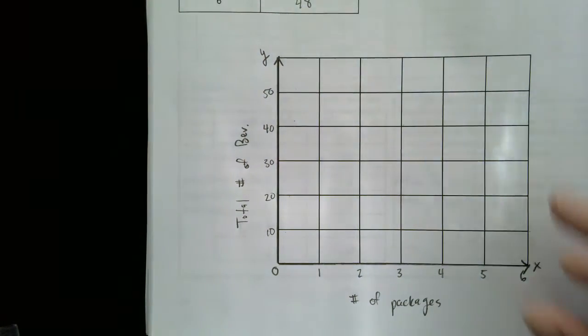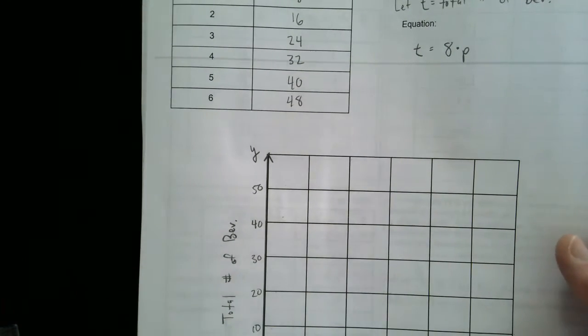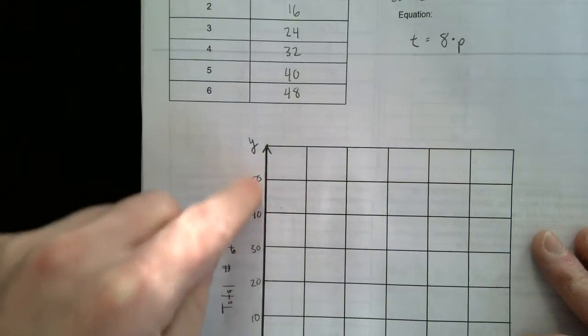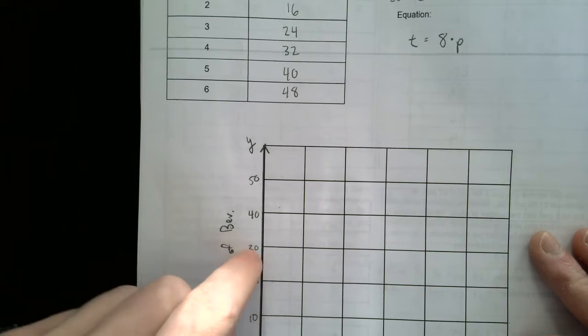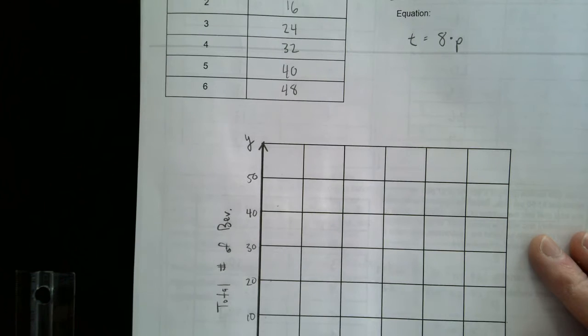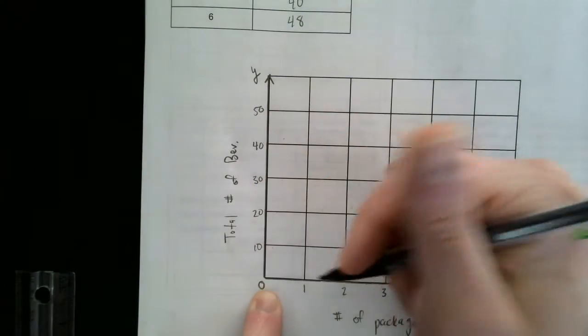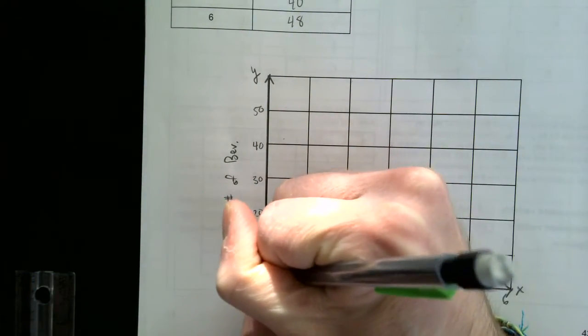Okay. So I was thinking about either 8s or 10s, but sometimes in the future we'll have to change this. This is called the scale, what the numbers are going up by. Sometimes we'll have to change the scale if it's a 2-step function, so this might be good practice for us later on. All right, so 0 packages, 0 beverages, so that point is going to go right here.